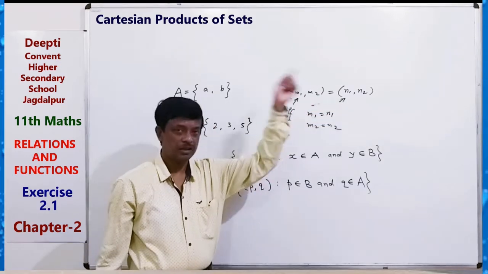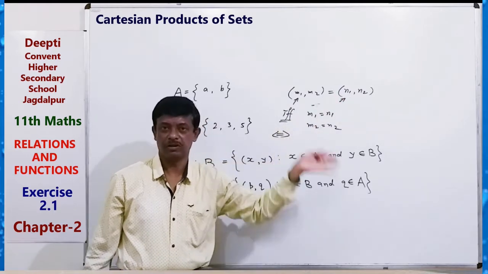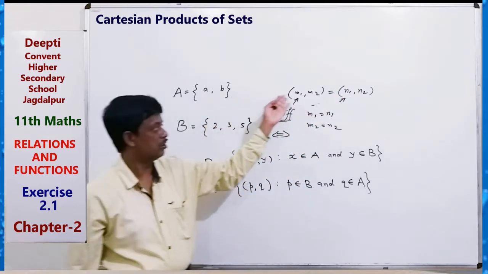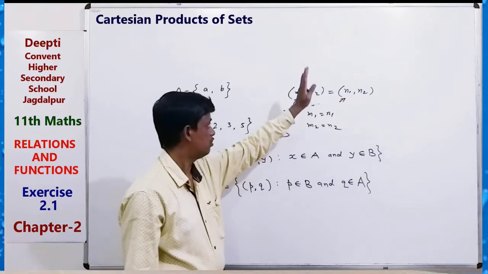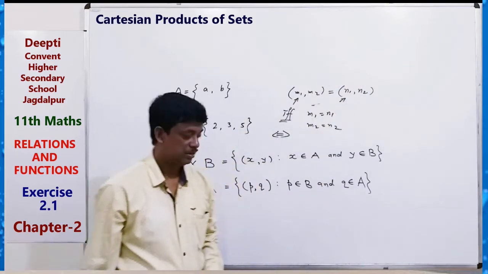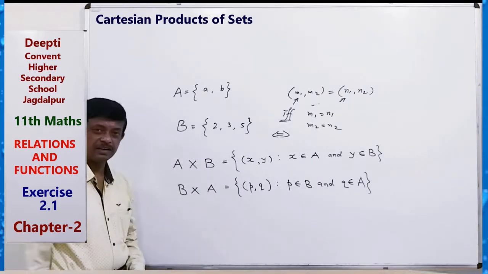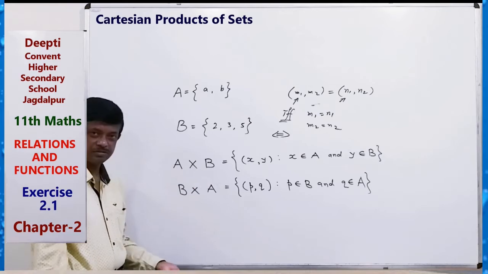These two are equal if and only if the corresponding elements are equal. For equality of two ordered pairs, the first elements are equal and the second elements are equal. So by the definition of the Cartesian product, A cross B is not equal to B cross A.